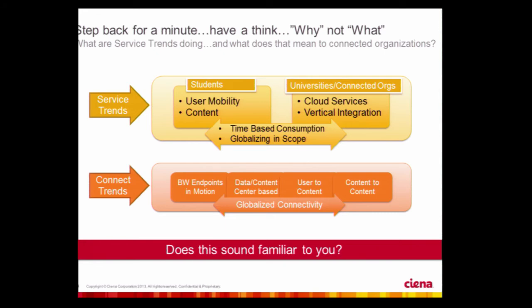So from these service trends you get to connection trends, and basically what we see is that the bandwidth endpoints are moving a lot more than they used to. So your network has to be very flexible to accommodate that. The same goes for connections to data centers, users to content connections, and also content to content. For example, like was discussed before, if you have to move virtual machines from one data center to another.